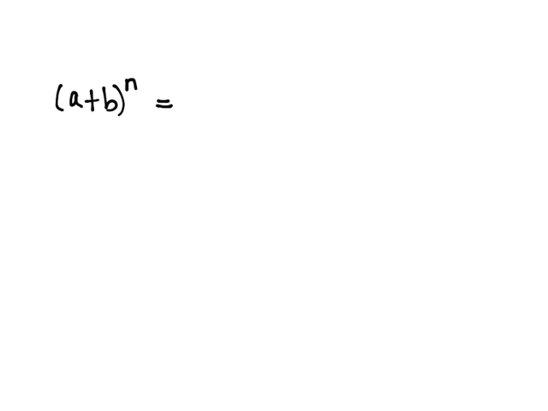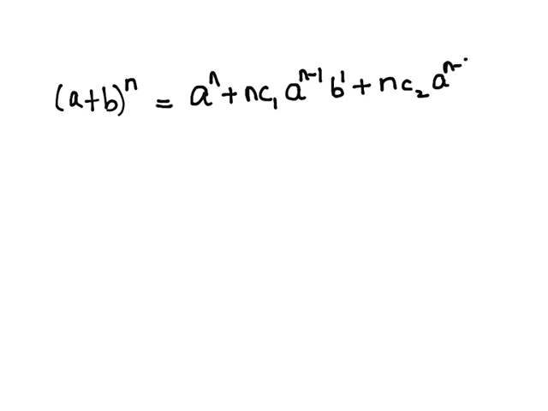Now the first term will always be aⁿ, plus the second term will have nc1 aⁿ⁻¹ because the power of a reduces by 1, b¹, plus nc2 aⁿ⁻² b², plus nc3 aⁿ⁻³ b³, plus, and the final term is bⁿ.